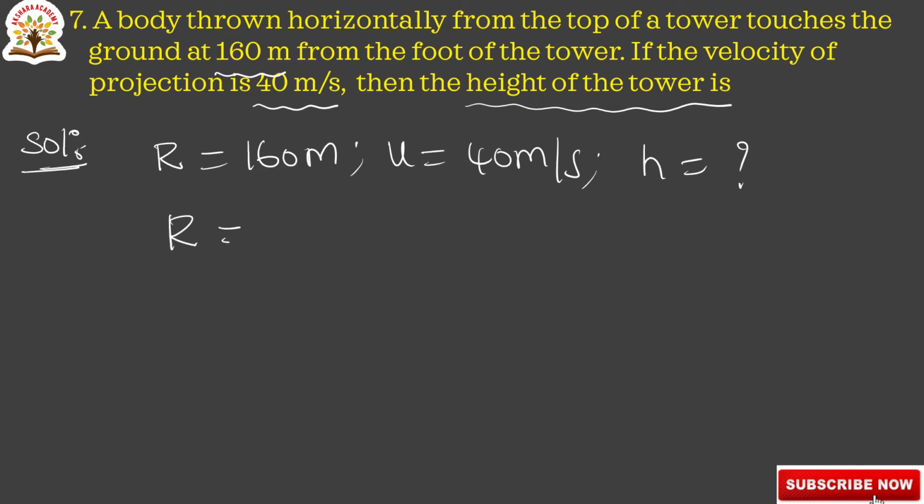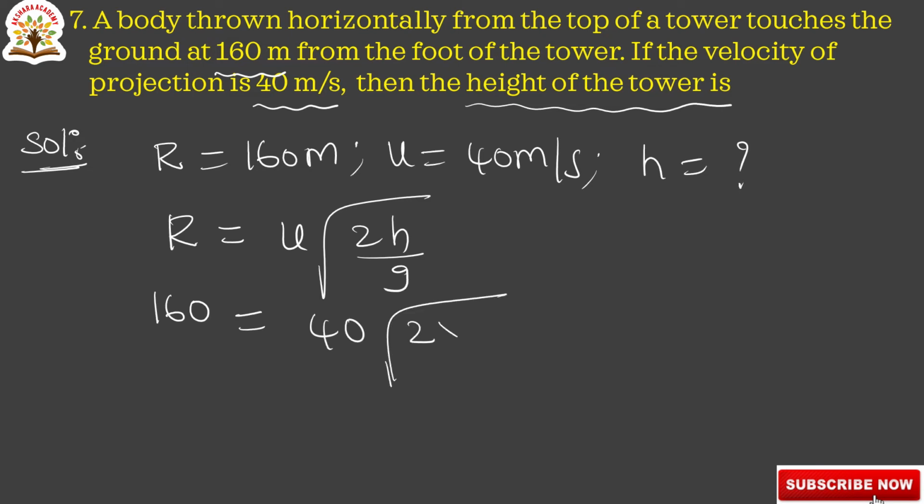So r is equal to u root of 2h by g. Now substituting the values, r nothing but 160, that is equal to 40 root of 2 into h, you have to calculate, and g 10. Here 0 gets cancelled, 4 ones are 4, 4 fours are 16. So here 4 is equal to root 2h by 10. Now we are doing squaring on both sides.